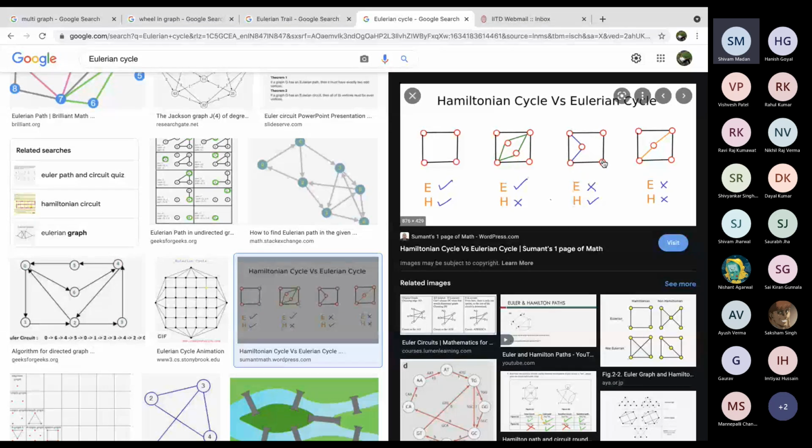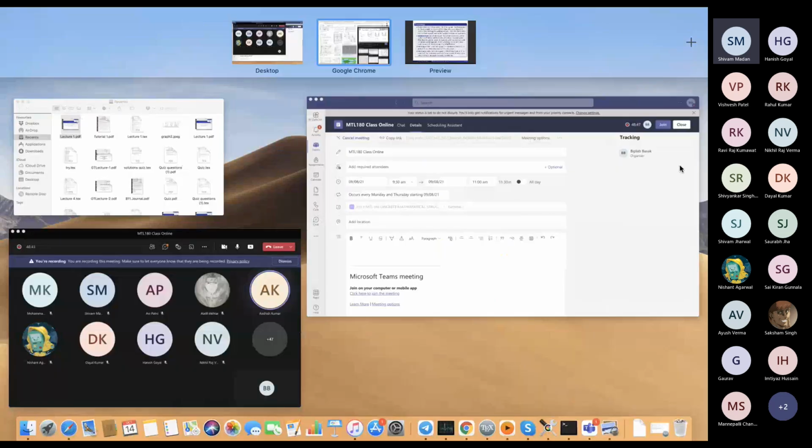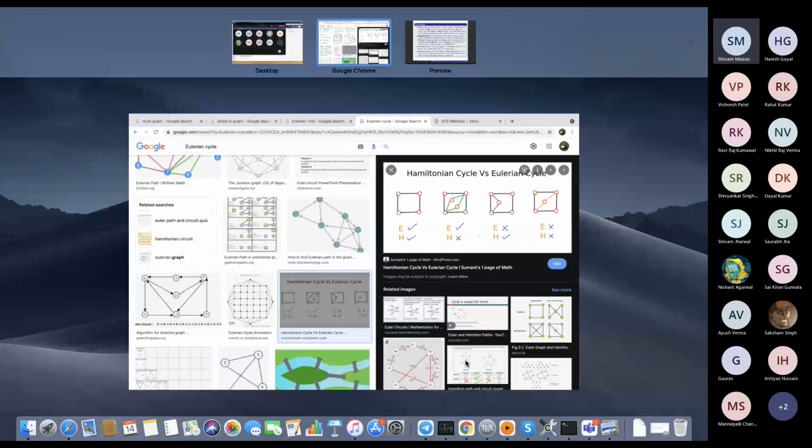And similarly, this is not Eulerian, not Hamiltonian. Okay. Now you just try to find why it is Hamiltonian. You just have to find the cycle. So I hope you understand what is the difference between Hamiltonian and Eulerian.